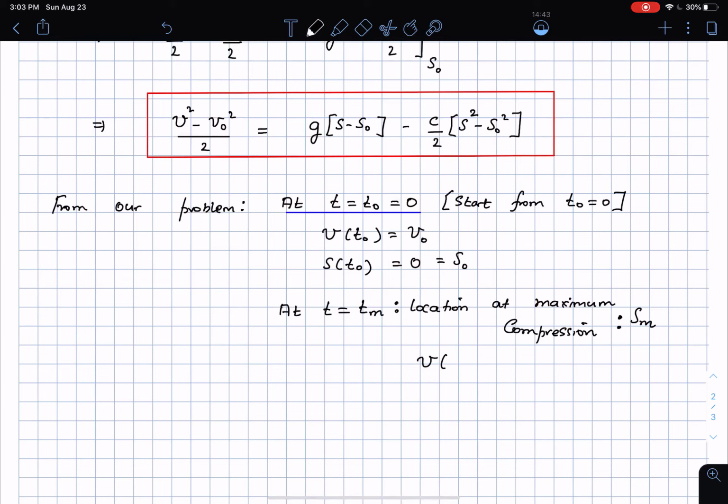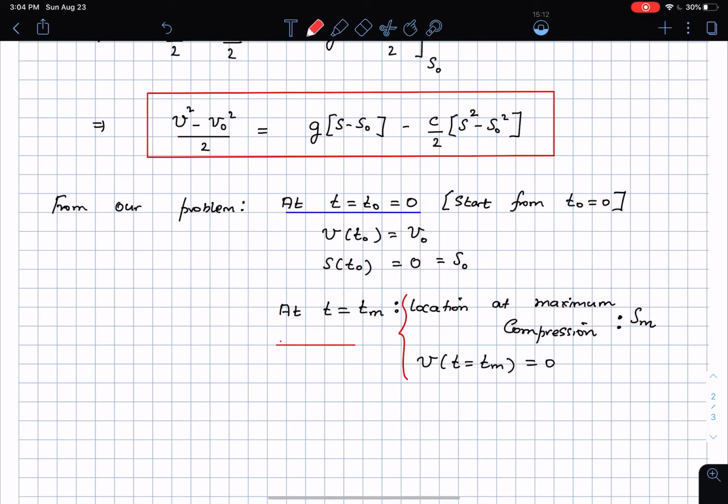What is the velocity at t is equal to tm? That is going to be 0 once again, right? If you remember the problem that we had solved previously on particle kinematics, if I take this box and push it to the maximum position right before it's going to start retracting back, its velocity is going to be 0. But keep a note of the fact that its acceleration is not 0. So velocity being 0 does not necessarily imply that the acceleration is 0. That is an important point to make a note of.